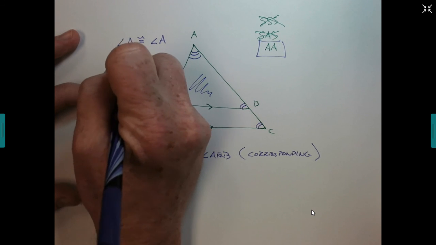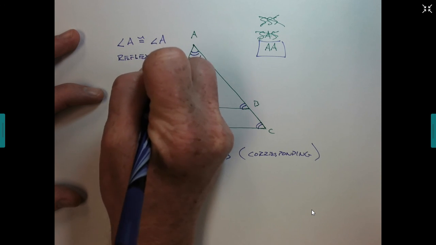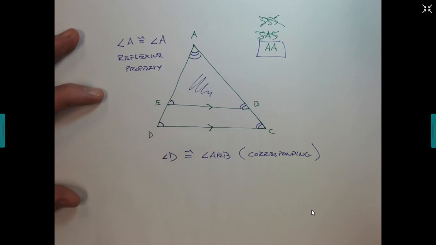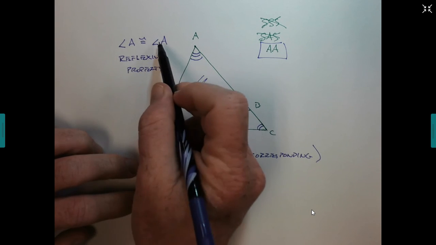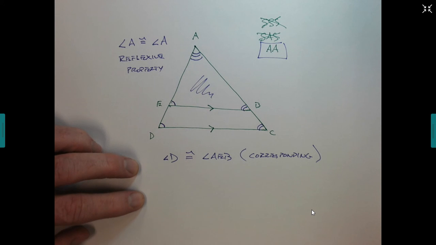We've seen this property before. Be ready to use it. This is our reflexive property. All right. So this is a common idea. Be ready for this situation where two triangles are sharing an angle, bringing that reflexive property back into the game.